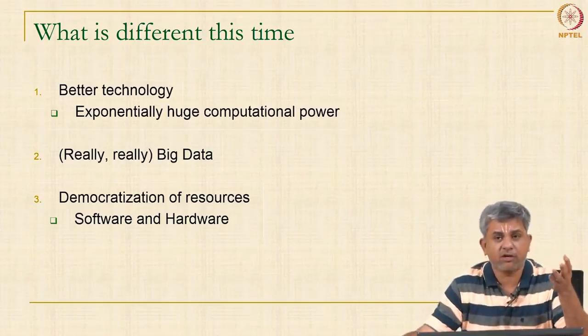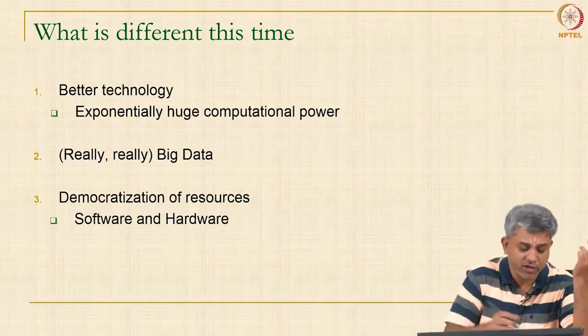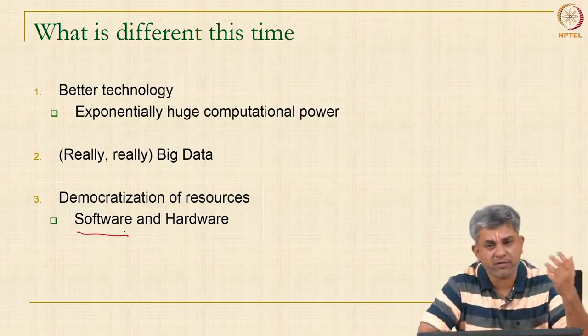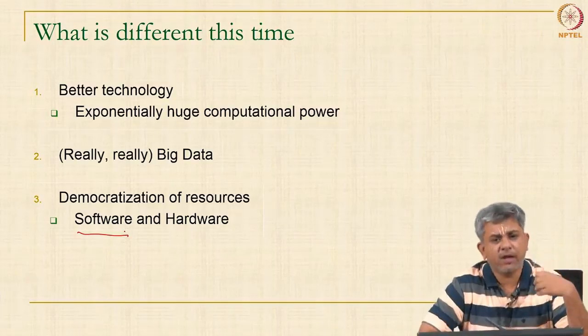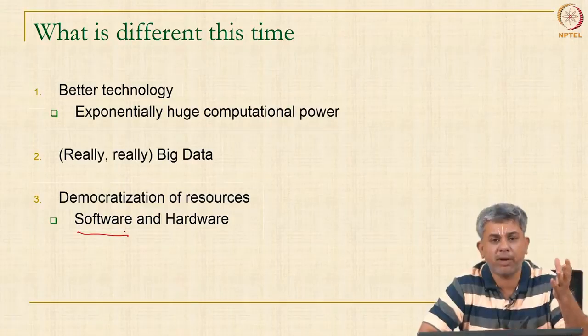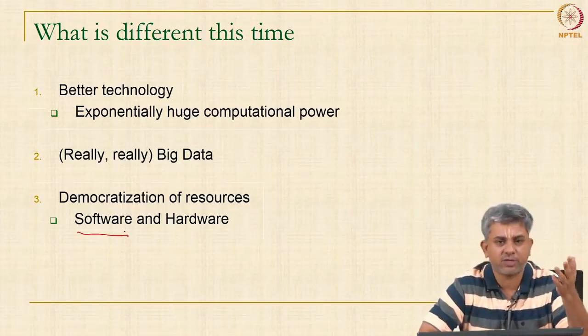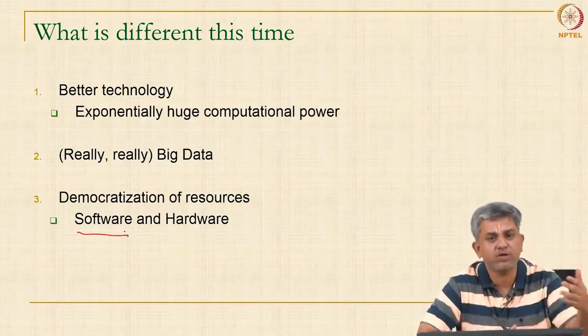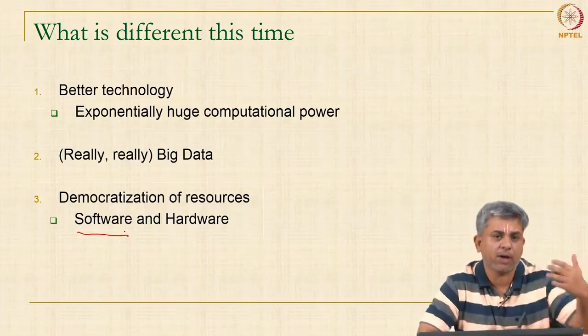Also, many of the commercial companies have been very generous with their software. All the packages, whether it is Google's TensorFlow, Facebook's PyTorch, IBM, Microsoft, all of them have made a lot of resources available to the common public. So, the open source movement has also taken off, and this has led to a lot of software being available to the common public. We will be using a few of these through this course, which actually makes a person come up to speed very quickly.